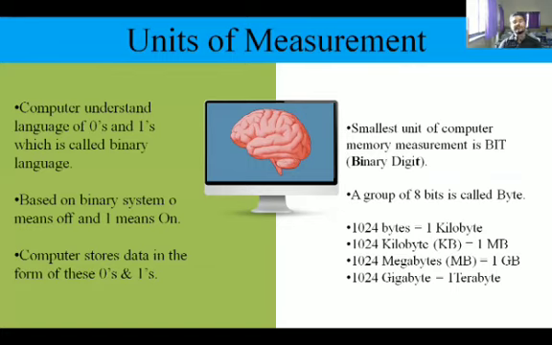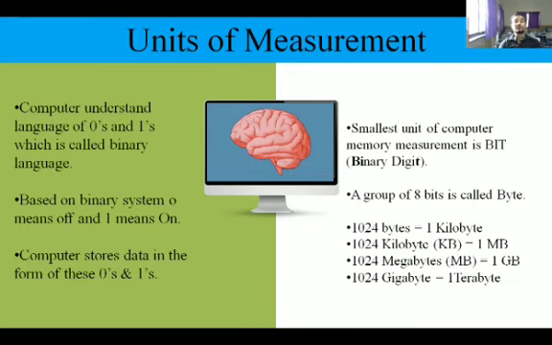That is why it is also called binary language. Based on this binary language, 0 means off, or the 0 state, and 1 means on, that is the 1 state. So all the memory that we store in a computer is saved in the form of 0 and 1.